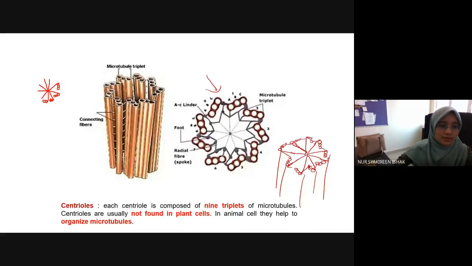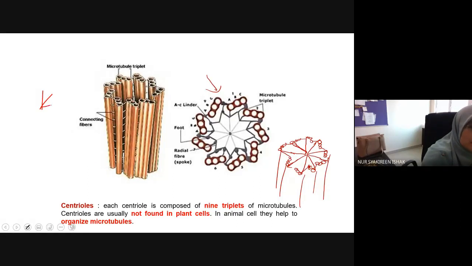Let me try again and show. You try too. I'm drawing with a mouse, so it's a bit difficult. 1, 2, 3.